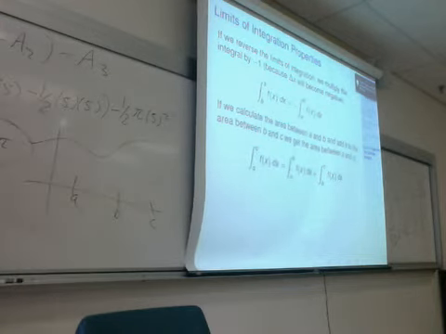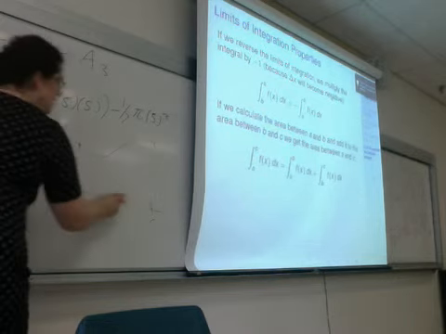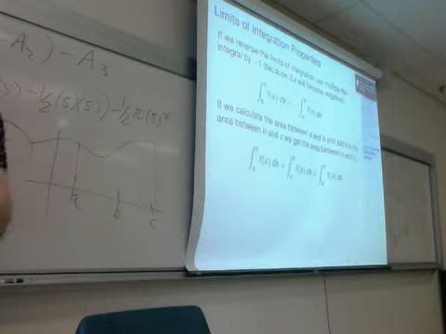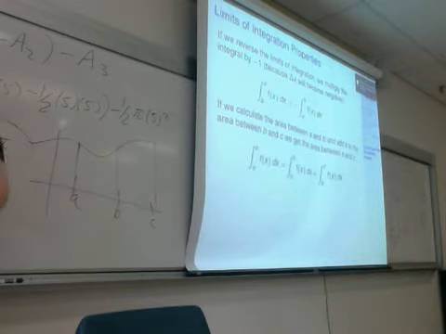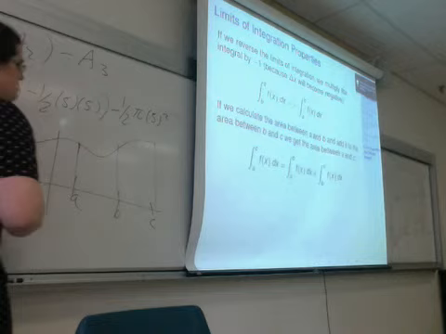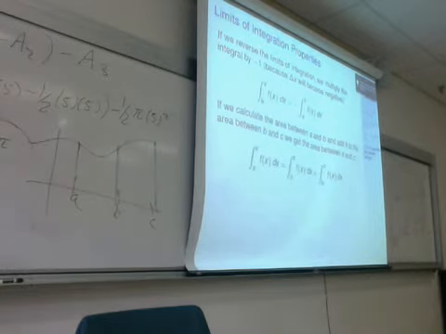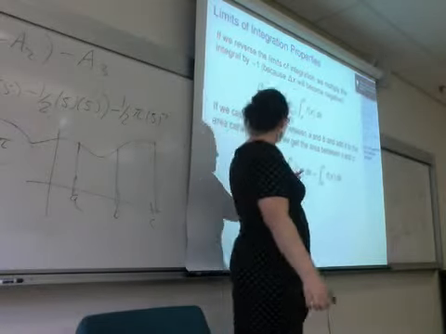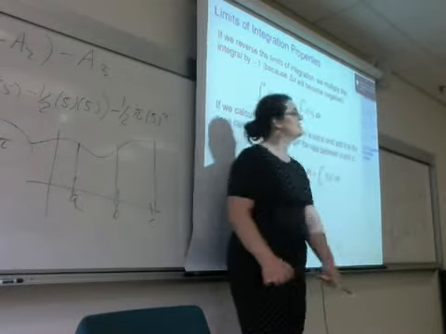So if we want to calculate the red area from A to C, one way we can do it is first calculate the blue area, and then calculate the green area. So if you want to integrate from A to C, you can do it by integrating from A to B, integrating from B to C, and adding those two things together.